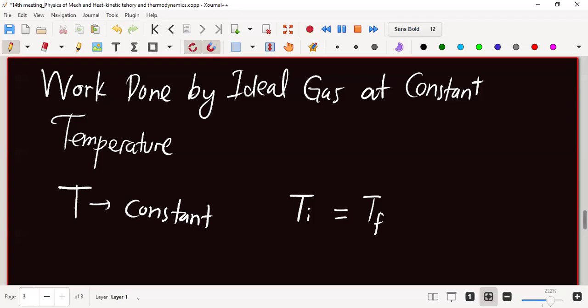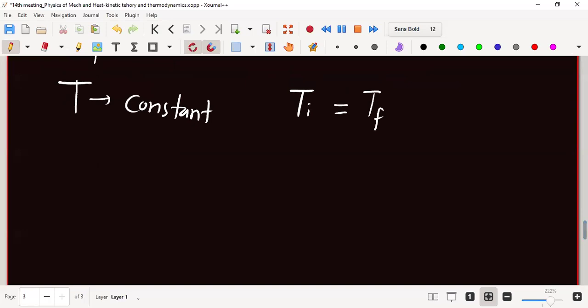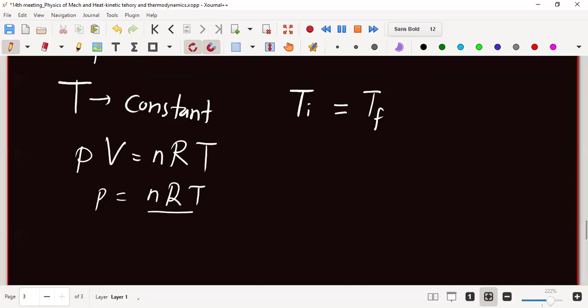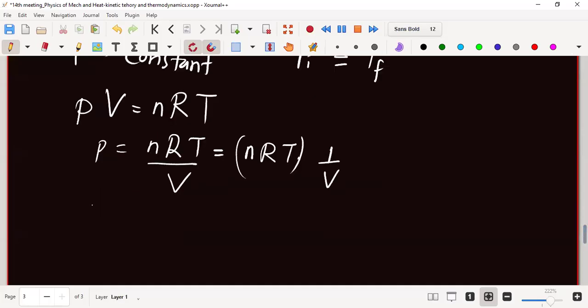And then by the ideal gas formulation that PV is nRT, we can say that pressure is nRT divided by volume, or we can say nRT times 1 over V. Because the T is constant, nRT is a constant, so it is equal to a constant times 1 per volume.